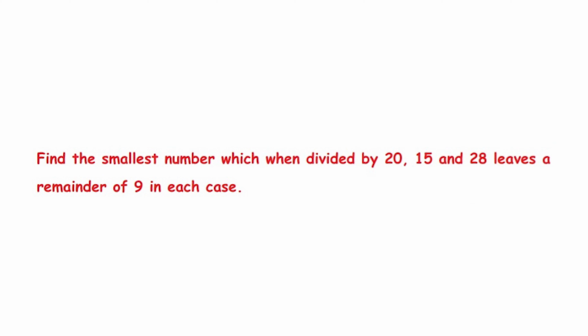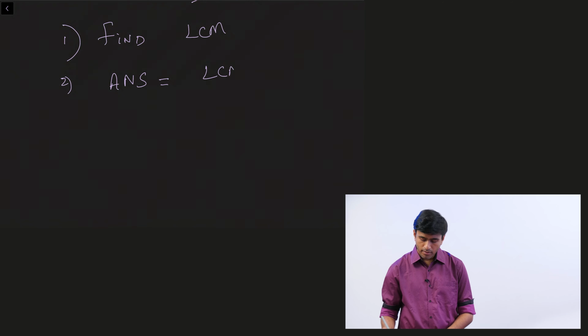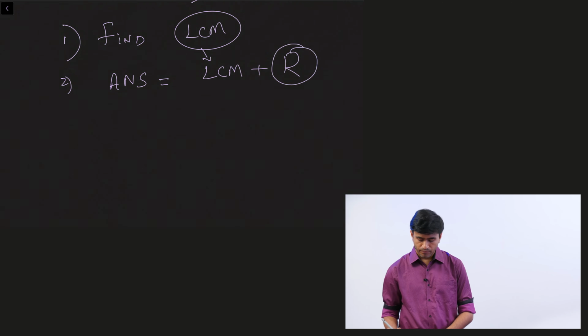But here they mention that it leaves a remainder of 9 in each case. So remember, in HCF you removed the remainder from all the three numbers, but here you first find LCM and the answer would be LCM that you found here plus remainder.